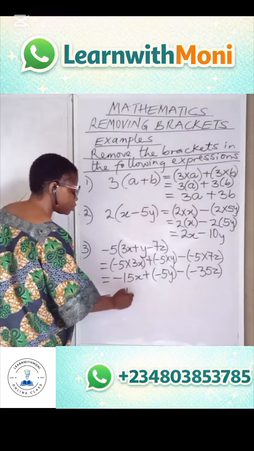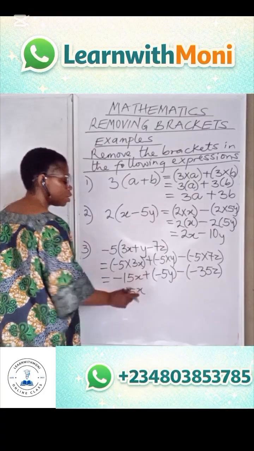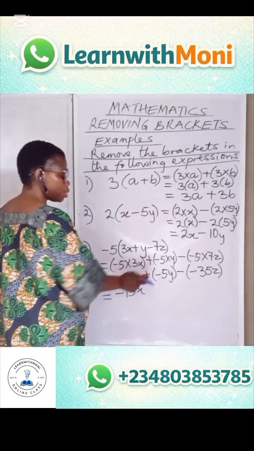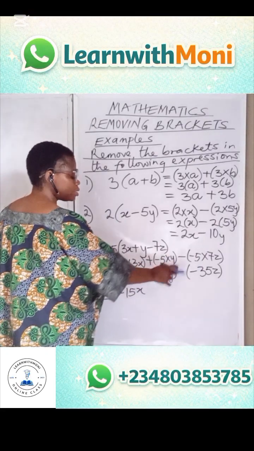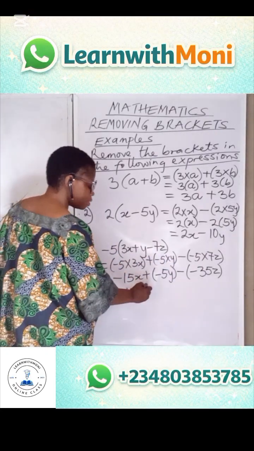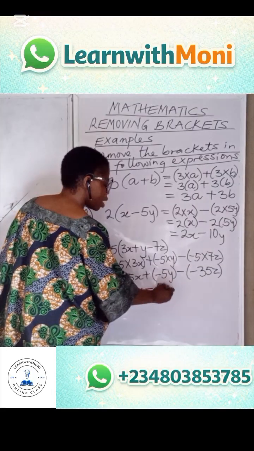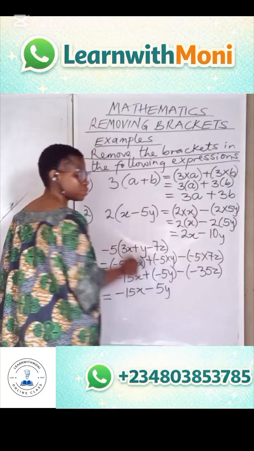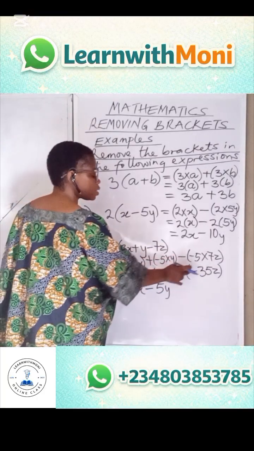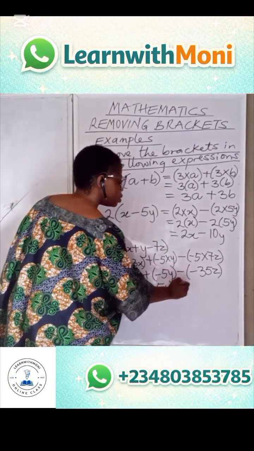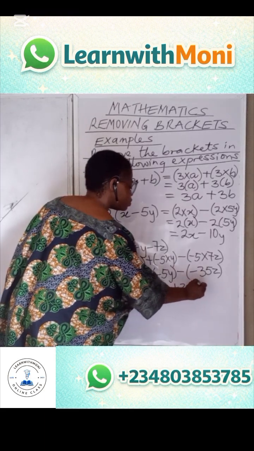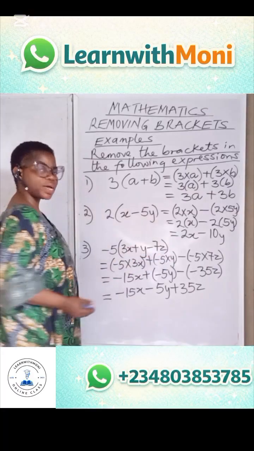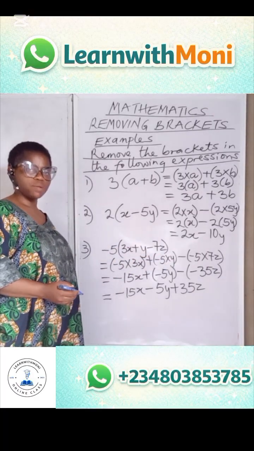This is minus 15x plus times minus, because this is still multiplication. The plus we have outside multiplying the minus we have in the bracket. That is minus 5y. Here I have minus into minus. Minus times minus is plus. Plus 35z. So this is the final stage for this example.